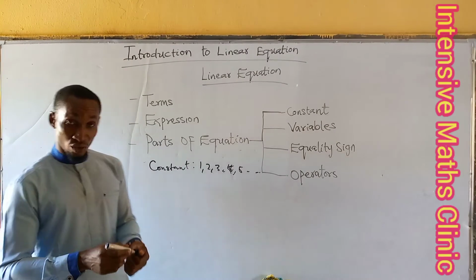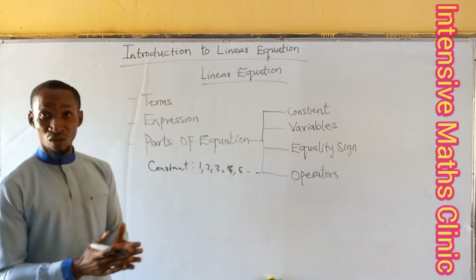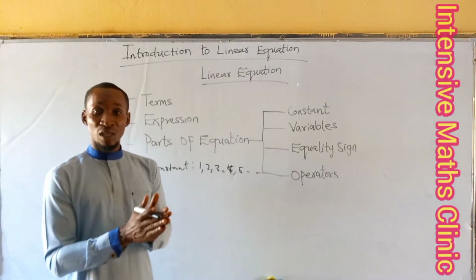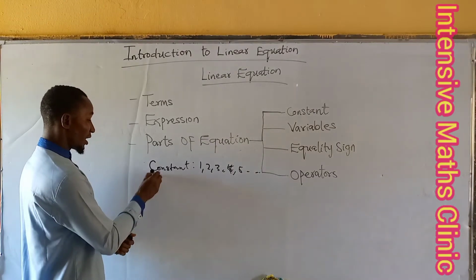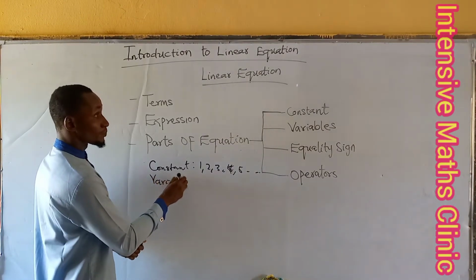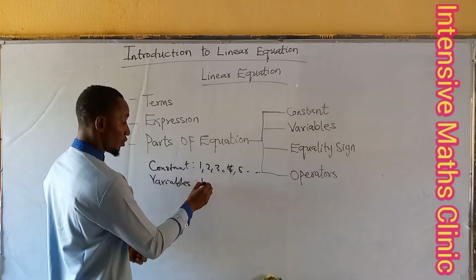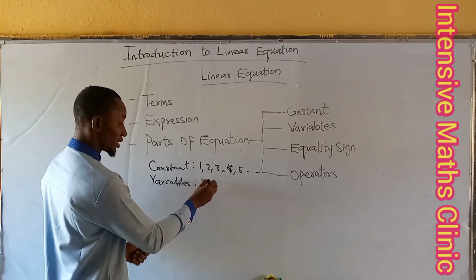So when we move to the next one, variable. How is a variable formed? A variable is formed as the combination or the multiplication of a constant and a variable. So from here, having known a constant as a number, which is 1, when we multiply a variable with a constant, this is a variable.